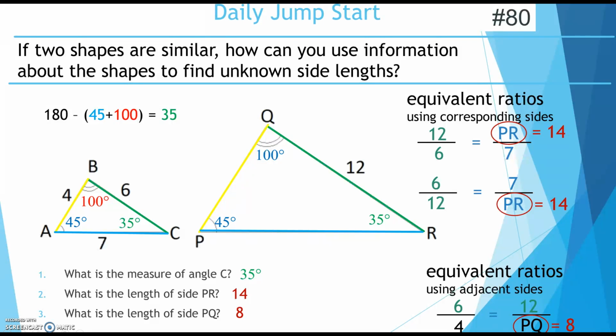Now this particular method using adjacent sides within a figure does not tell you anything about the scale factor or how much our original is going to grow or shrink. But it does help us find the missing side lengths, and it can also help us determine if figures are similar. So either one of these methods will work to find missing side lengths. Sometimes one turns out to be a little bit nicer depending on the numbers and the information given, but you can choose to use either method.